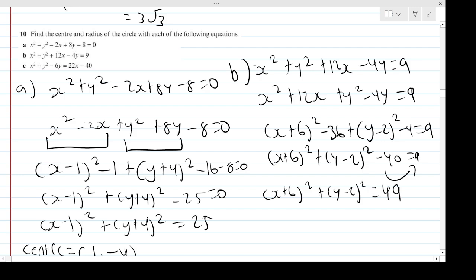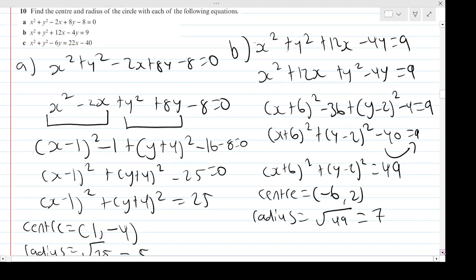Then we can read off the centre: it's going to be minus 6 for x and plus 2 for y, because plus 6 goes to minus 6, and minus 2 goes to plus 2. And the radius squared is 49, so the radius would be root 49, which is 7.